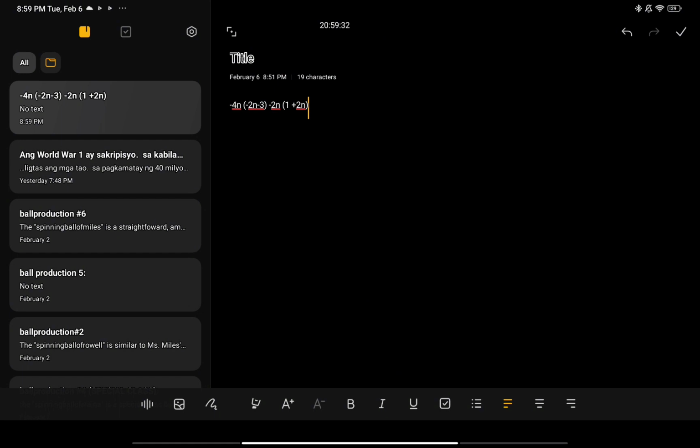So this applies to the distributive law, right? You are correct. When a variable and this number have the same variable, you do not make it a square unless there's a square here. So negative 4n times negative 2n becomes positive, so it's 8n.